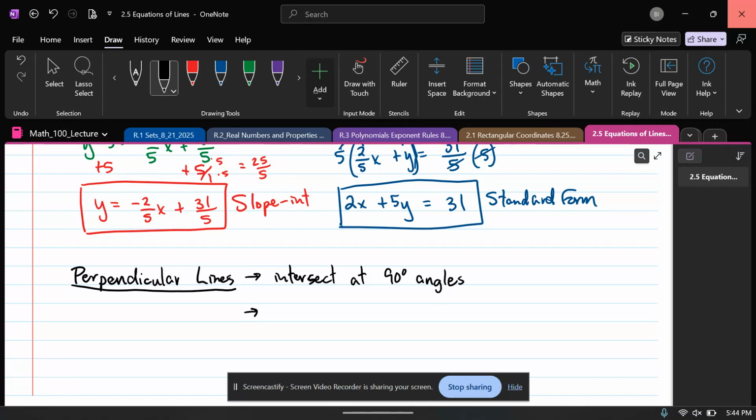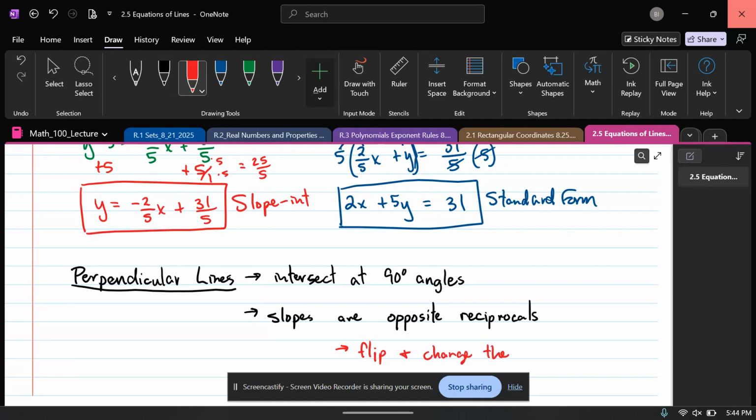So the slopes are opposite reciprocals. The way that I remember learning this was you flip and change sign. Reciprocal of a fraction is flip it over, and then we swap the sign. That creates the slope for perpendicular lines.